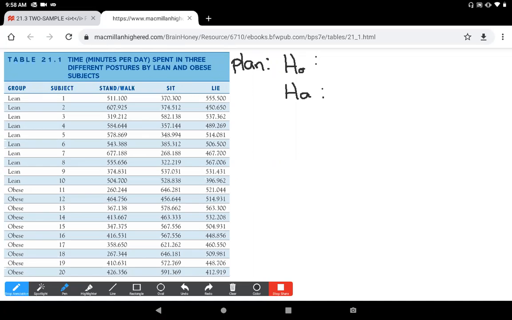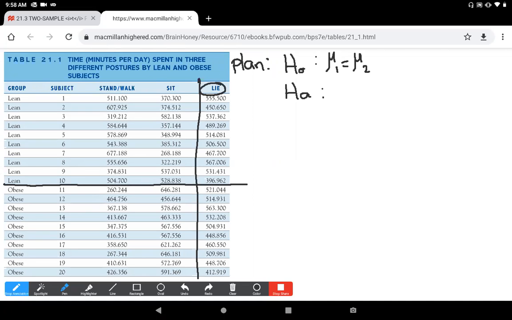We test the null hypothesis at mu1 equals mu2. So we say there is no difference between the average amount of time a lean person lies down versus an obese person.